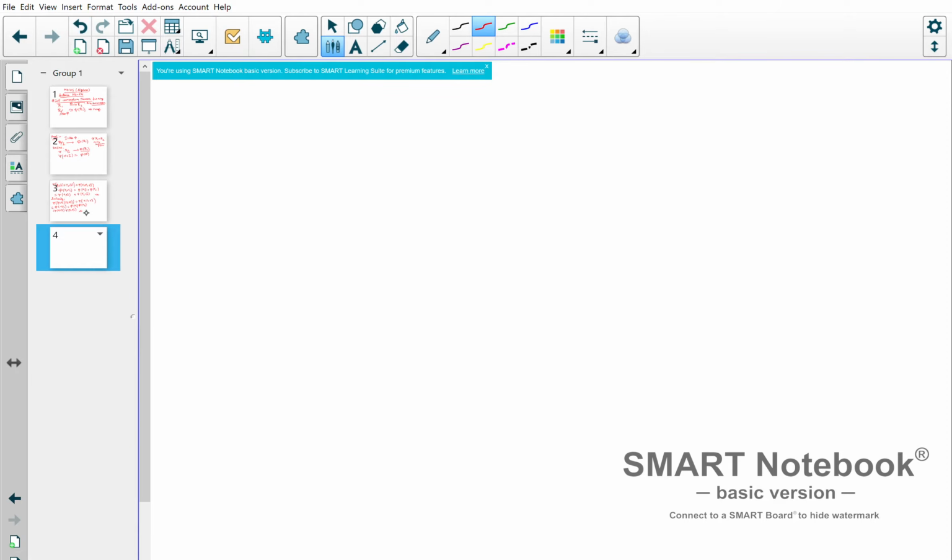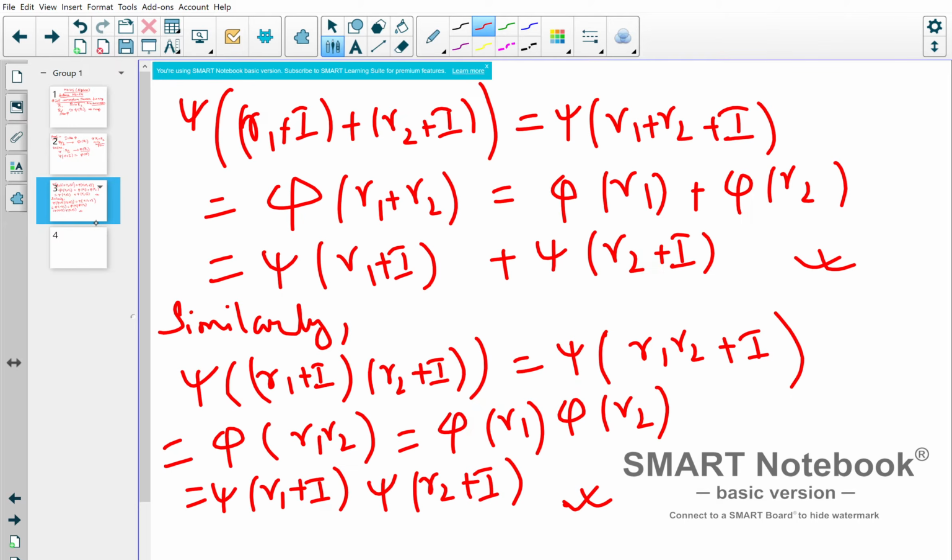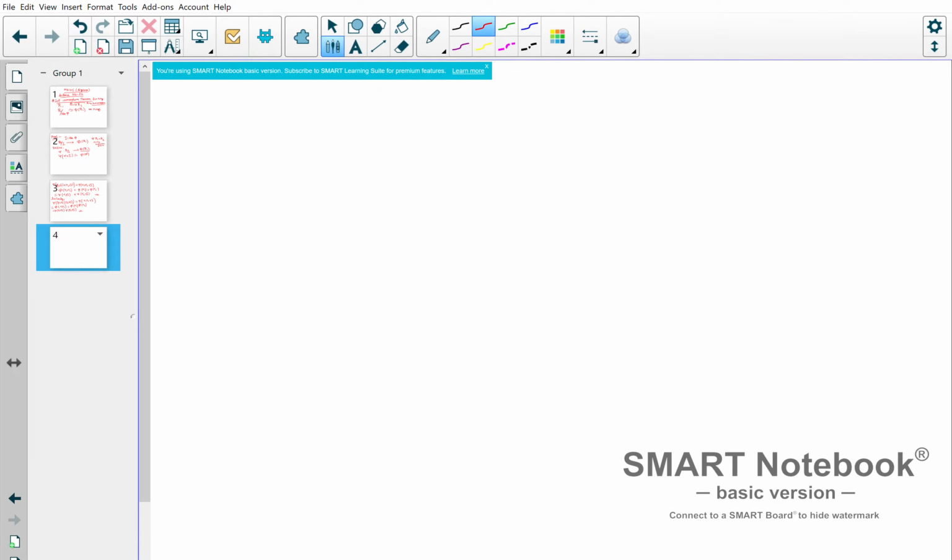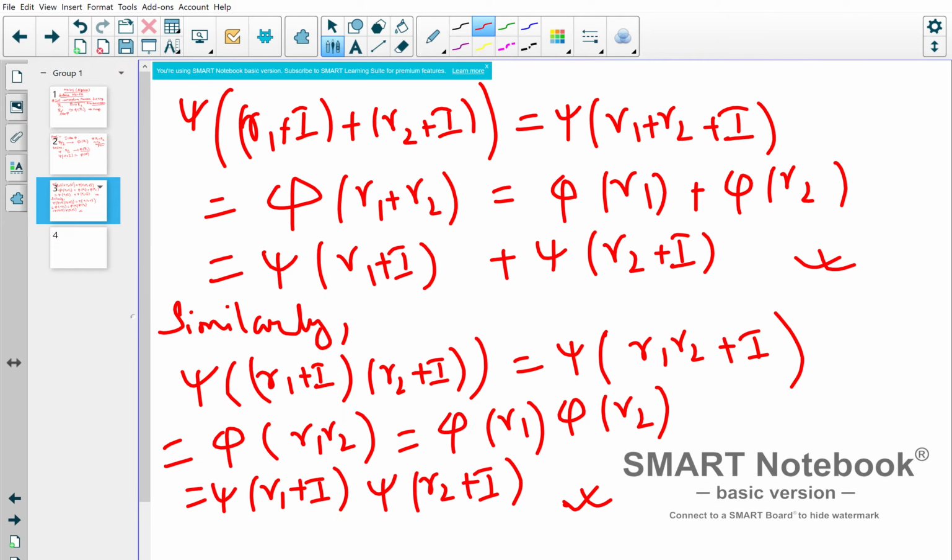Now we need to check that this is a bijective map. To check that it is bijective, what do you need to check? Obviously, there are two ways you can do it.